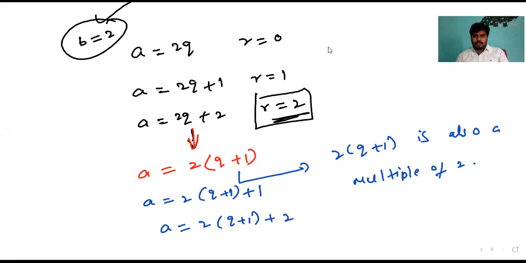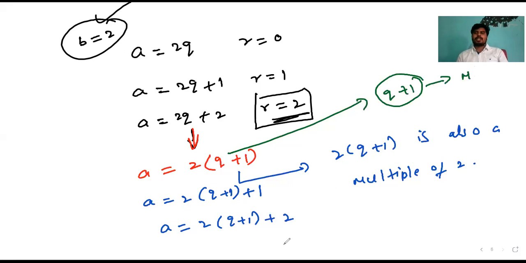So here observe one more thing. Instead of this q plus 1, I'm replacing it with some alphabet, m. Now what becomes 2m, right? Again, what is the remainder here? 0, right?